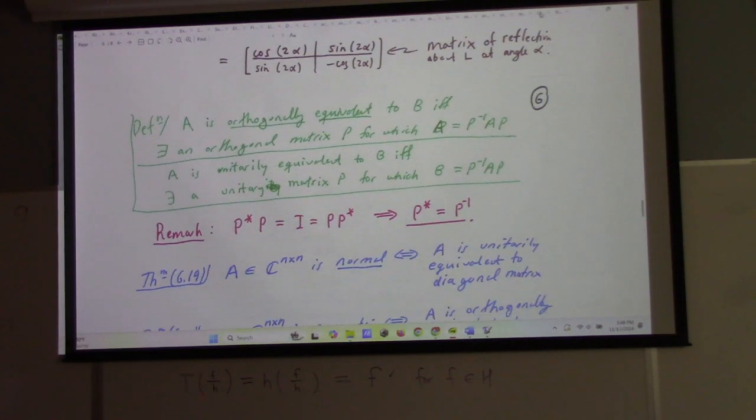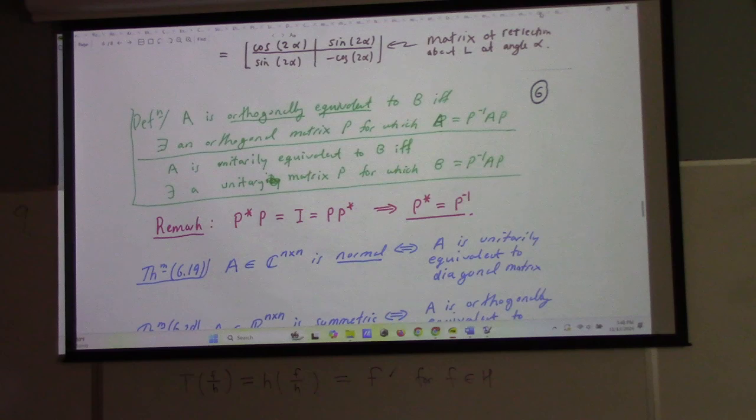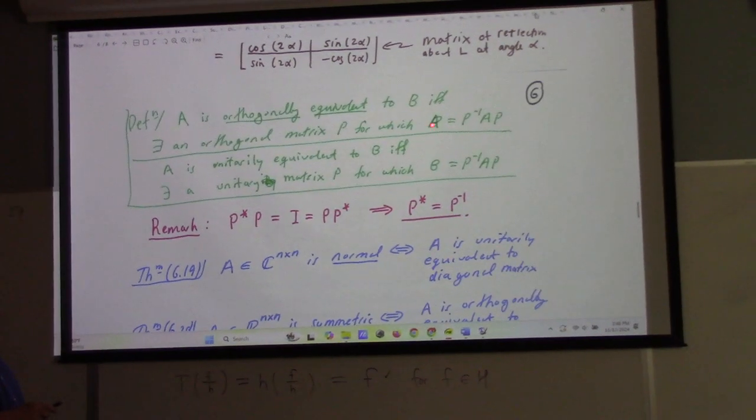I'll talk a little bit more about that once I put the projector away here. A is orthogonally equivalent to B if it's similar, if there's a similarity transformation from A to B by an orthogonal matrix. So if there exists an orthogonal matrix P for which P inverse AP is equal to B. Likewise, A is unitarily equivalent to B if and only if there exists a unitary matrix P for which B is P inverse AP.